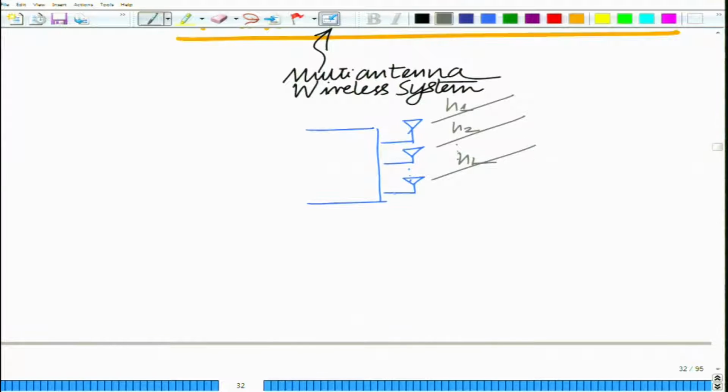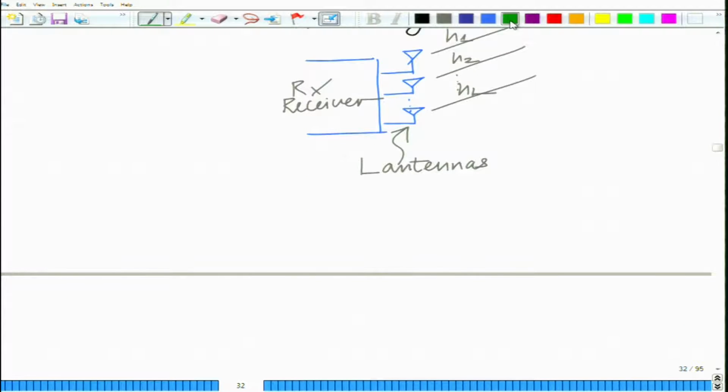So, these are, let us say, L antennas. This is your receiver in the wireless communication system. You have the L antennas, and h1, h2, hL are the channel coefficients.